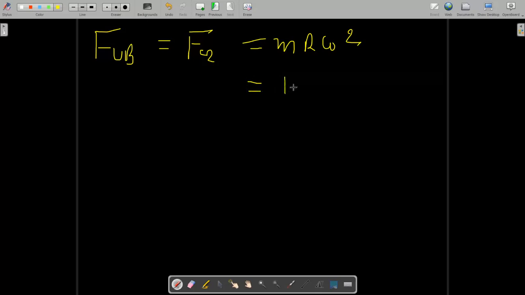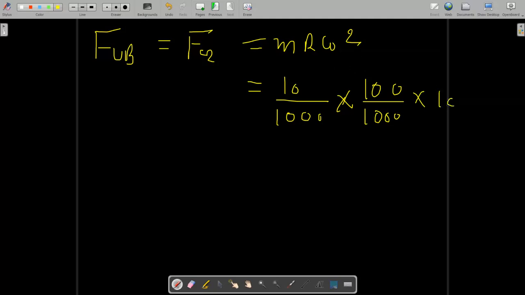The mass is 10 gram, so convert into kg by dividing by 1000. The radius is given as 100 mm, again convert into meters, the standard unit, because the answer is asked in Newton. Omega is given as 10 radian per second, so omega square is 10 square.